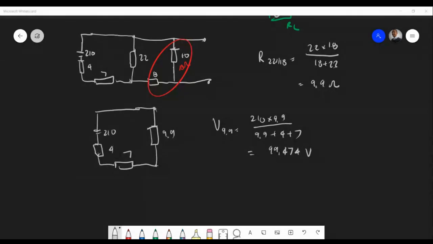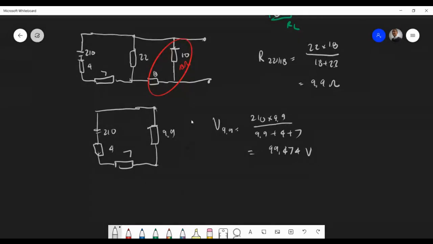Now, what we're looking at, we still need our open circuit voltage, right? So that's the voltage across AB, but we don't have it across that open side.